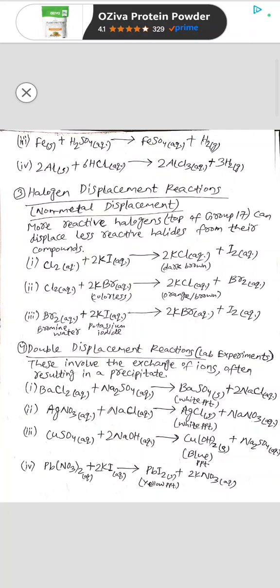The first example, which I have already said earlier, is when barium chloride is reacted with sodium sulfate to form barium sulfate, which is a white precipitate, plus sodium chloride. This is an example of precipitation reaction because a white precipitate of barium sulfate is formed.